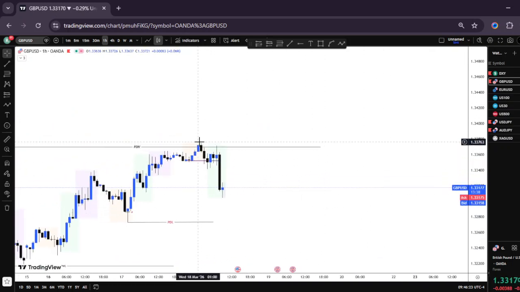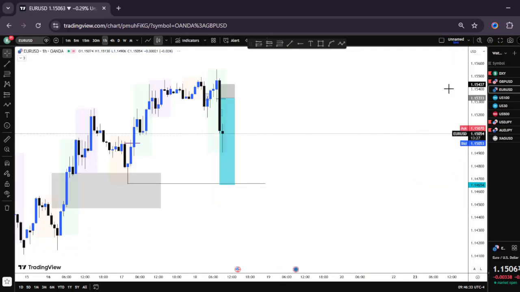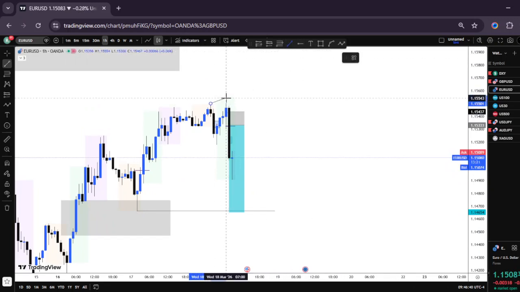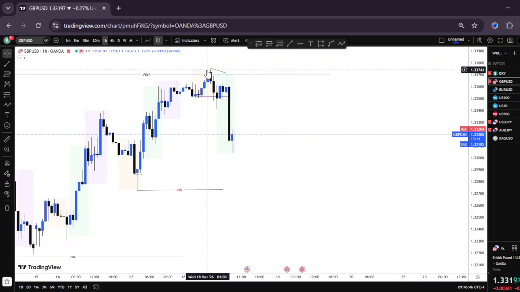Look at this high, and this high. And then Euro, look at this high and this high. So Euro has taken out this high, while GBPUSD failed to take out this high.